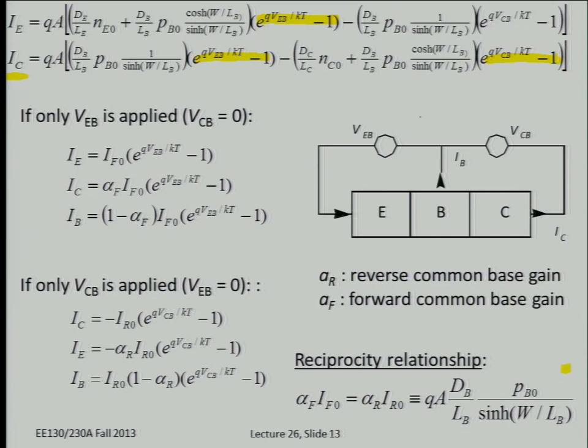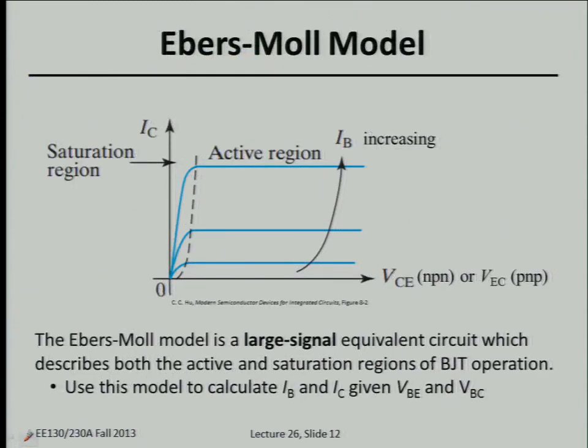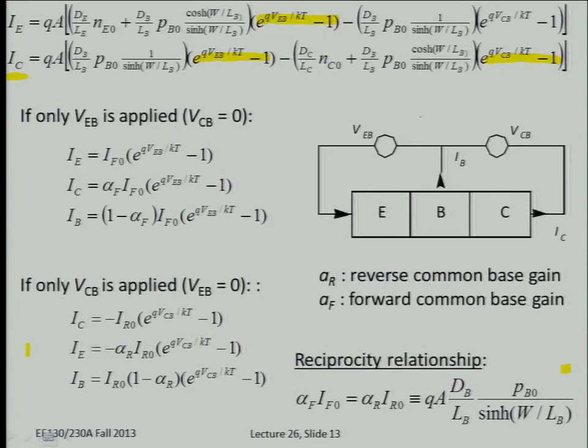Okay, so if you look at the equation for the collector, this big term here is actually equivalent to the normal saturation current for a diode for the base collector junction.